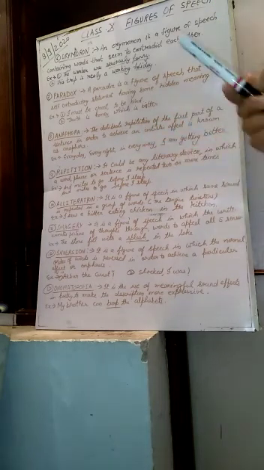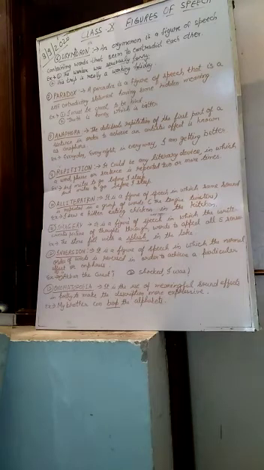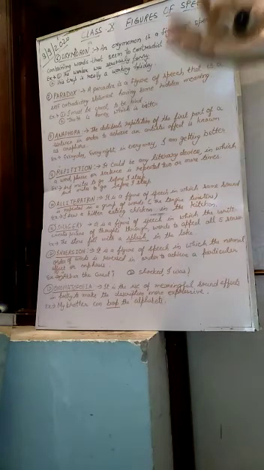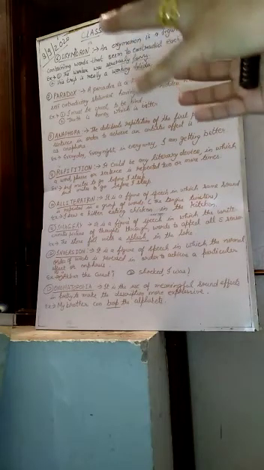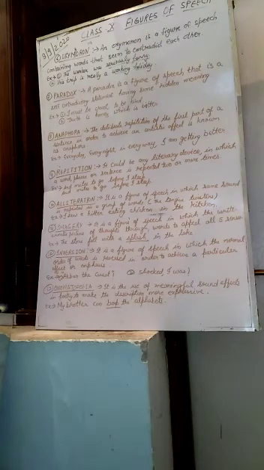Let's take an example. Akbar the Great. It can be written as the Great Akbar. But here the words have been reversed. To lay the emphasis on Akbar, that he was a great ruler, it is written as Akbar the Great.